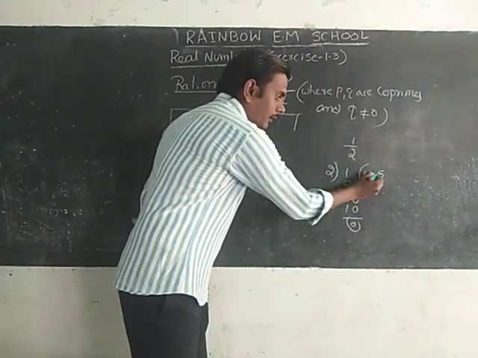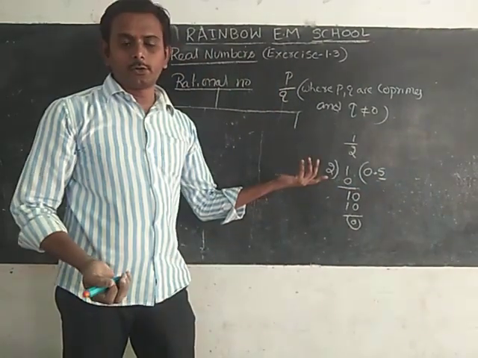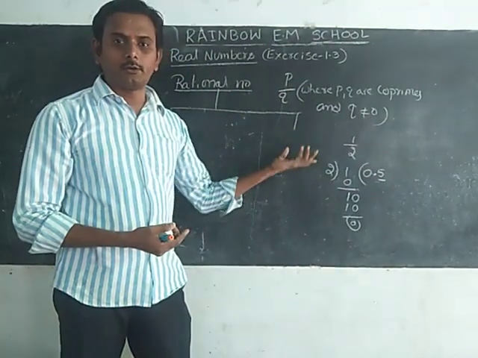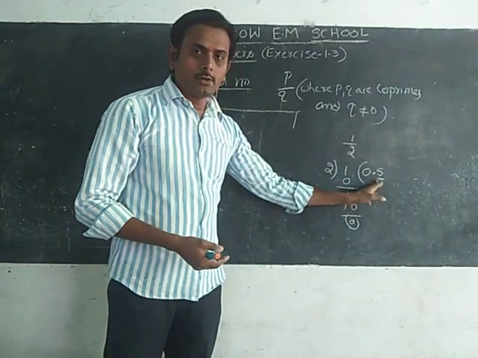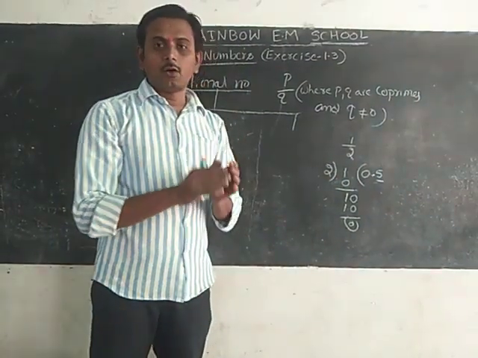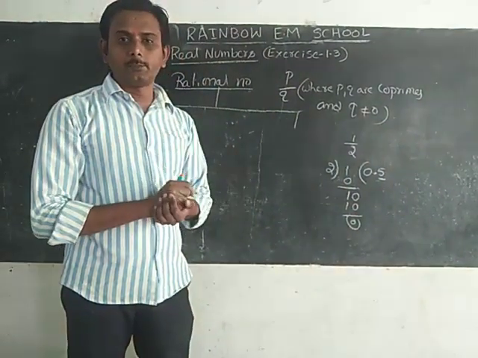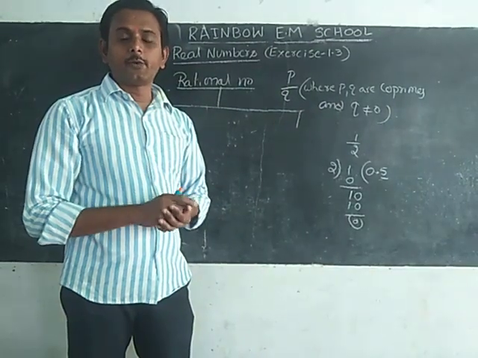After the point, how many digits are there? Only 1 digit, and that digit is 5. In the quotient place, if we can count how many digits are there in the decimal part, then that is called finite decimals.